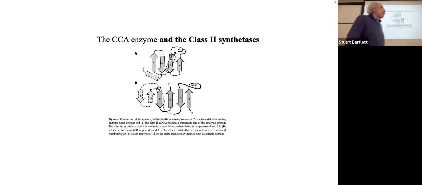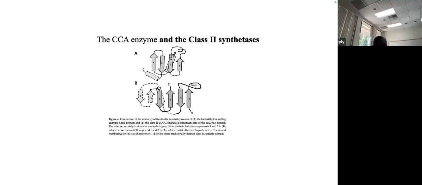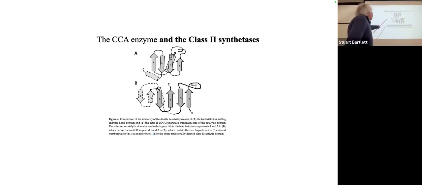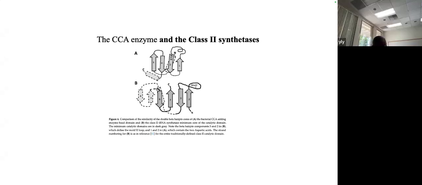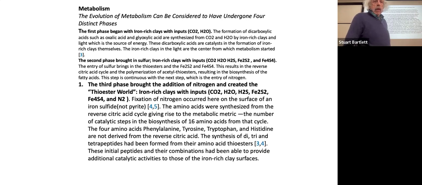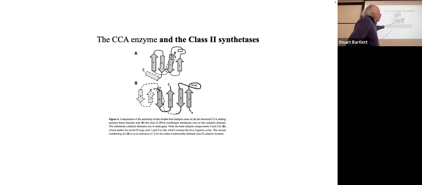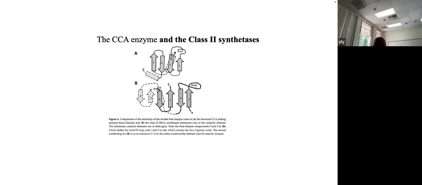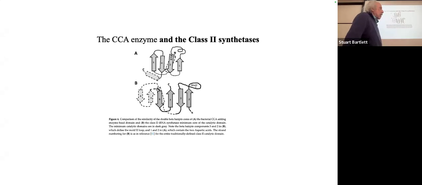Okay, now there's another interesting fact: if you look at the secondary structure of the CCA enzyme, which is on top, and the secondary structure of the class 2 synthetases, they are extremely similar, not in sequence, but in structure. And they're made out of these beta hairpins, plus this motif two, and there's another motif in the CCA. Where do these structures come from?